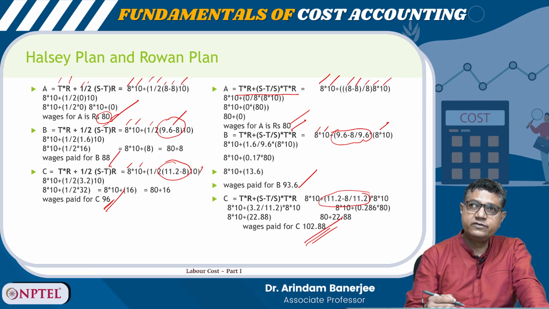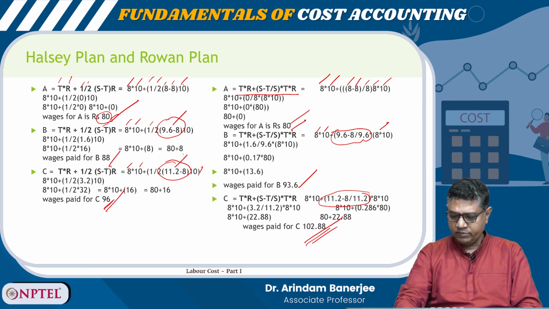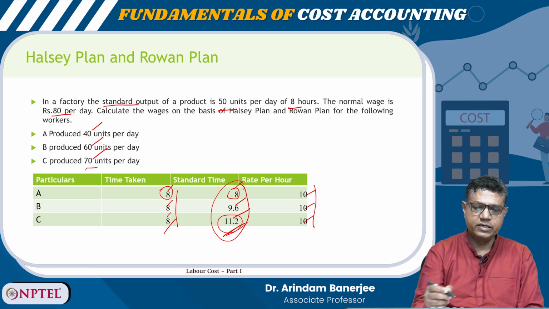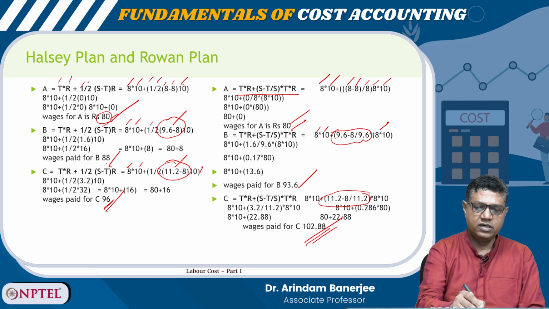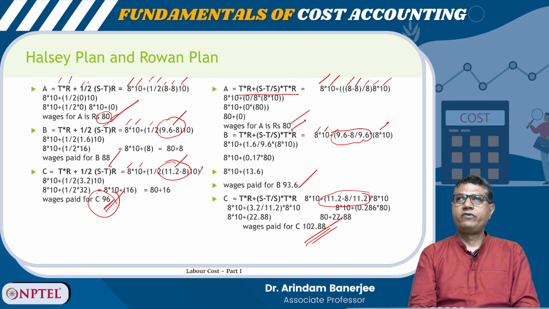And for C, he showed further better performance. The formula is the same, but here the difference is 11.2 minus 8, because 11.2 is the standard time for producing 70 units. So, what is the wages paid to C? It is 96, fine. So, this is under the Halsey plan.